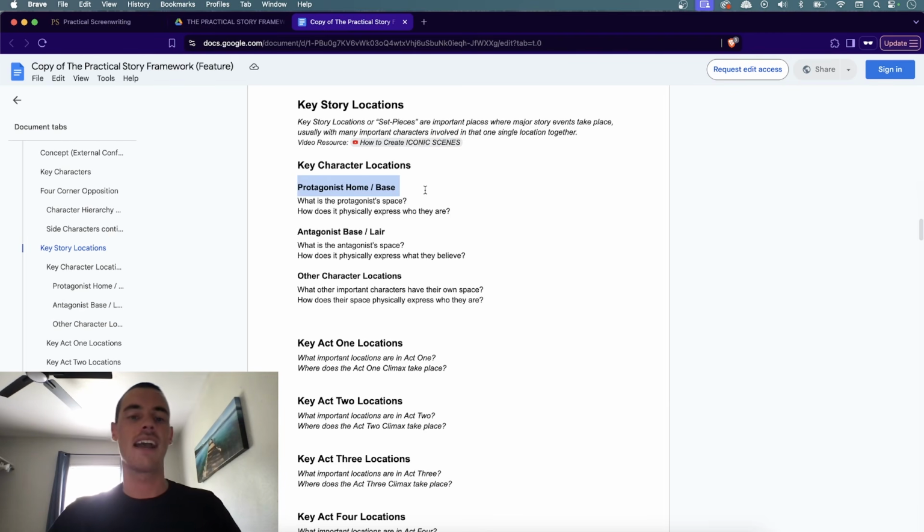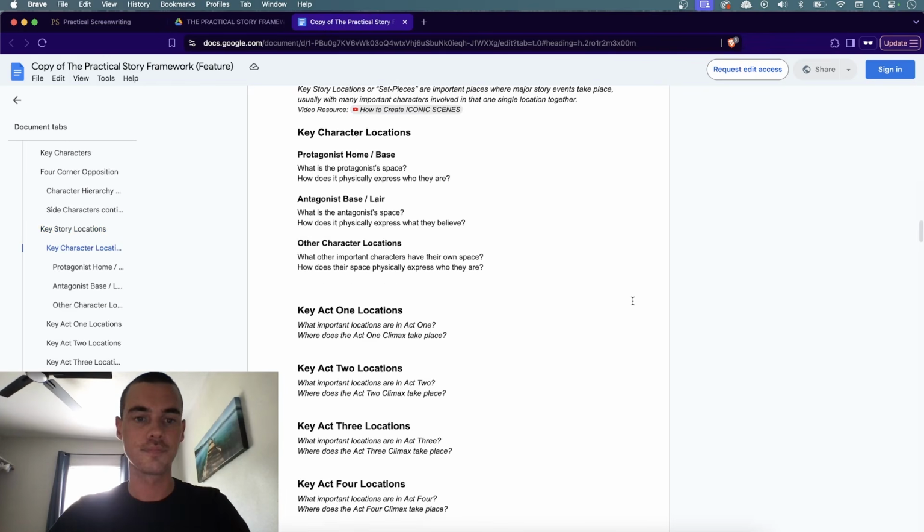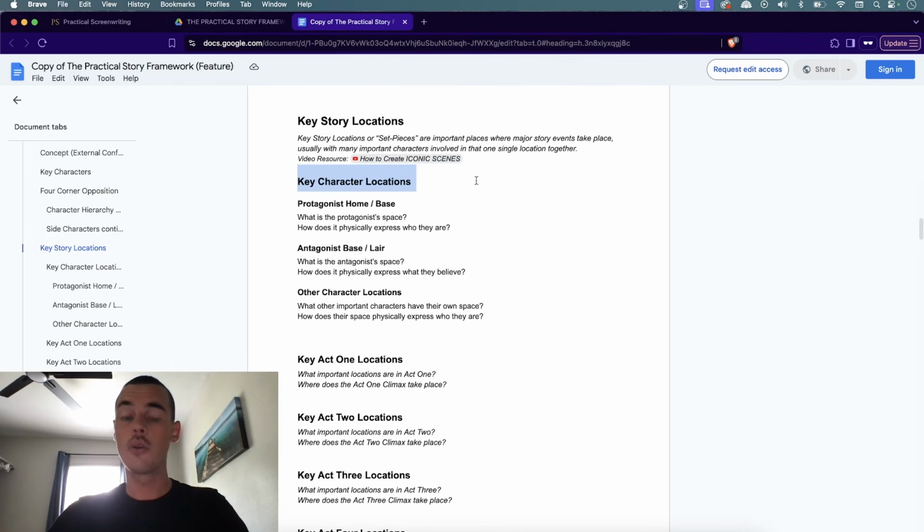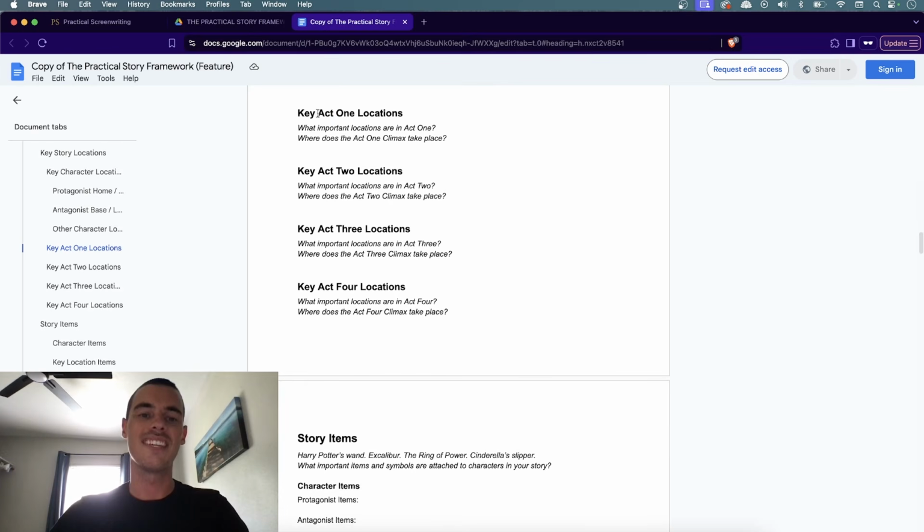So where is the protagonist's home or base? Does the antagonist have a base or a lair, right? The Death Star comes to mind as being a huge lair and a very iconic setting piece for a particular character, right? For the dark side in the story. So these are key character locations, and then we can also have key locations within each act, right?